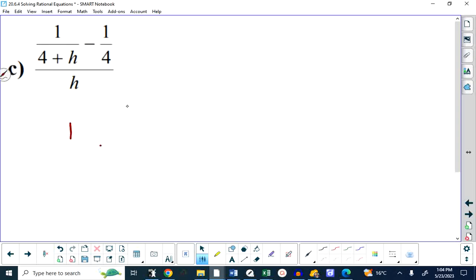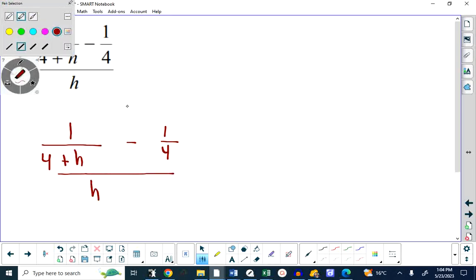I have 1 over 4 plus h minus 1 over 4, all over h. The problems here, the barriers to me working with this, are those two denominators.